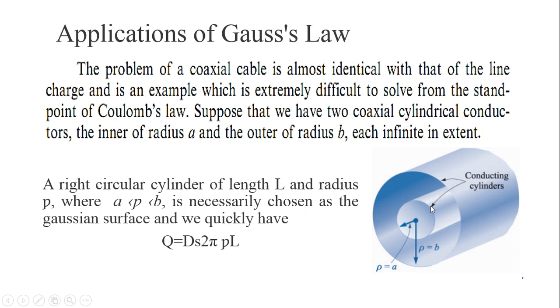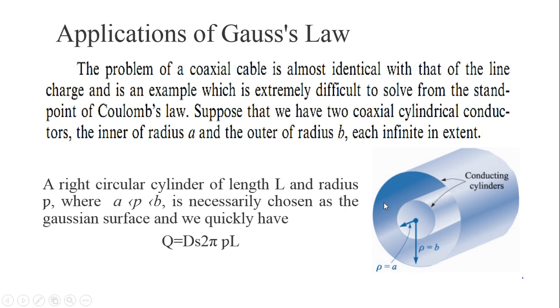So if a charge is contained over the outer surface of the inner conductor, the same amount of charge will be there on the inner surface of the outer conductor, and that charge will be negative.